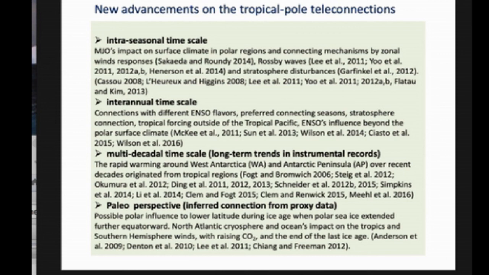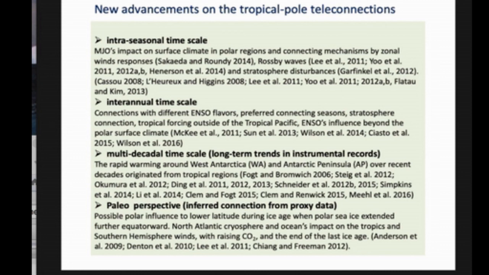It's affecting, particularly in the Southern Hemisphere, the stratospheric warming activities that can connect the tropics to the high latitudes. That's a Southern Hemisphere thing.